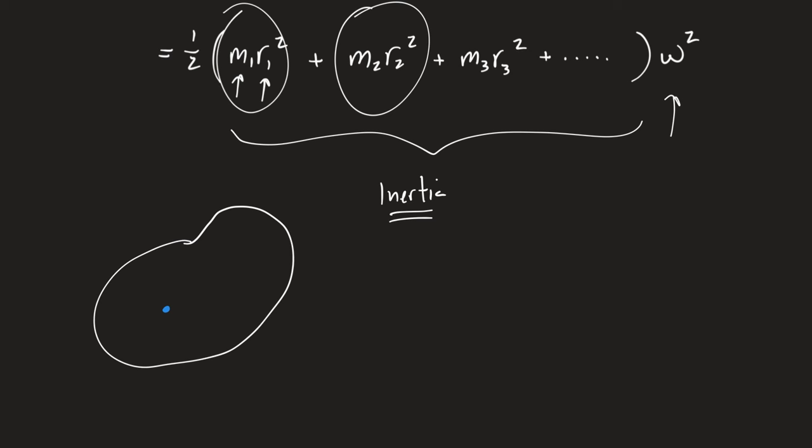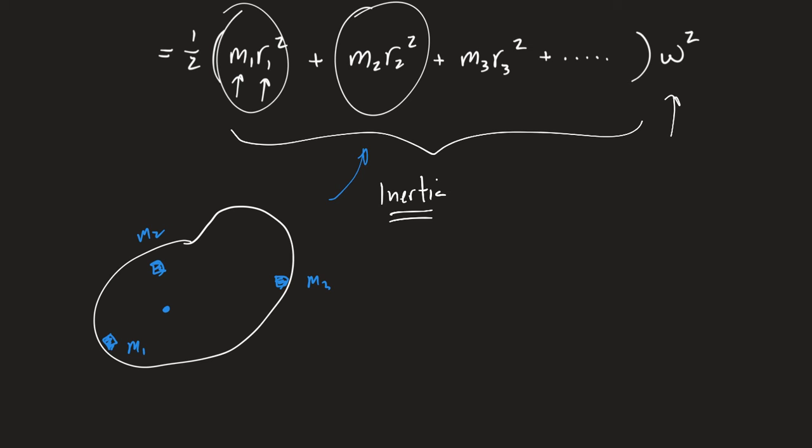If I wanted to think about the three pieces of the bean, I could think about a piece over here, a piece over here, and a piece over here. This could be M1, this could be M2, and this could be M3. Do you realize that I would get the same relationship for inertia here?